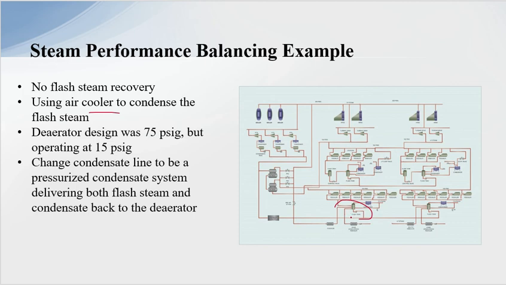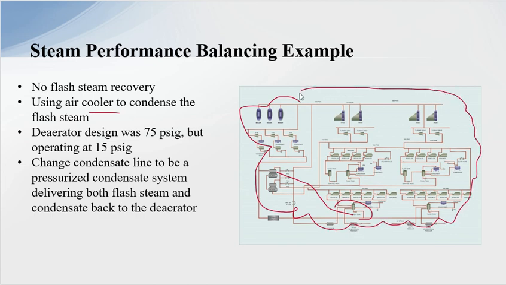Basically, we changed the system design and sent the condensate and the flash directly back into the deaerator. Substantial energy savings the first year. The project paid for itself in about a year and a half. But my point is, you couldn't accomplish that savings until we had a total understanding of the dynamics of the system. And this was an extremely large plant.